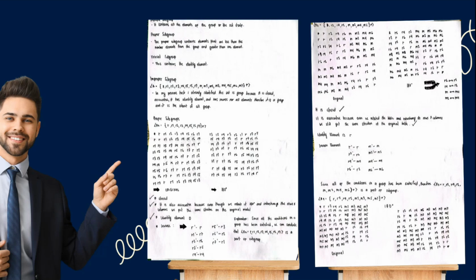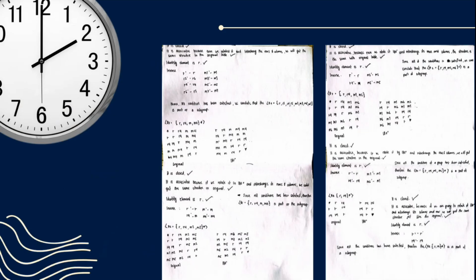Let's proceed to A4. We have R, R2, R4, R6, M1, M3, M5, and M7. We construct the original table and rotate it 180 degrees, and we check that it is closed. It is associative because even though we rotated it and interchanged the rows and columns, we get the same structure as the original table.